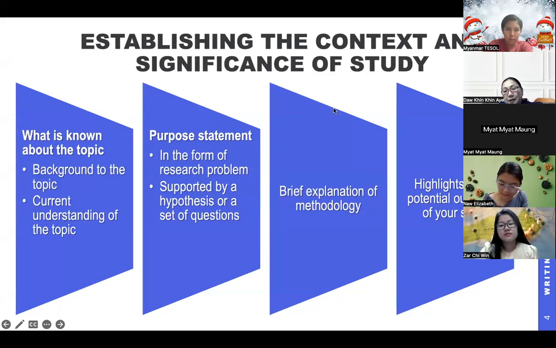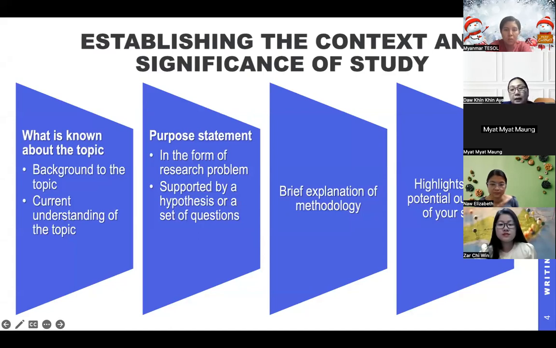After that we have a brief explanation of the methodology, because the details will be in the methodology section. The introduction is a kind of miniature of the whole thesis or paper, which is why we have everything here. You briefly state what methodology you use and what methods, instruments or tools you use.